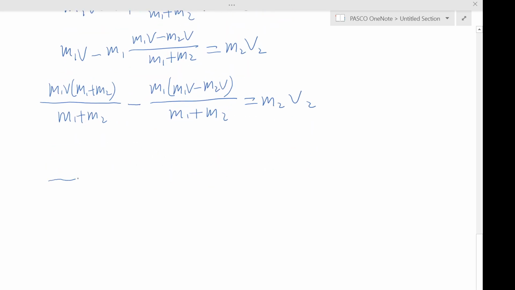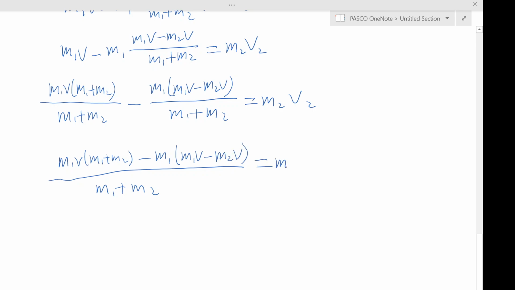Continue. So they have a common denominator, so I can write the expression on the top together. That becomes m1v times (m1 plus m2) minus m1 times (m1v minus m2v) in brackets, equals m2v2.